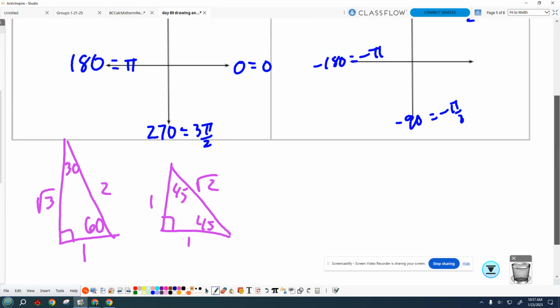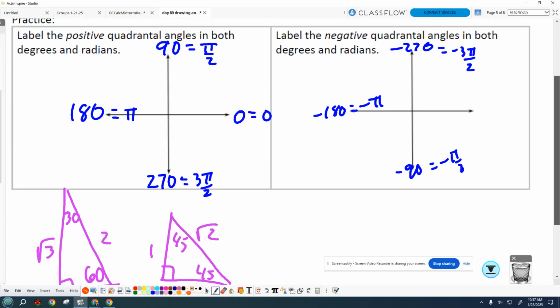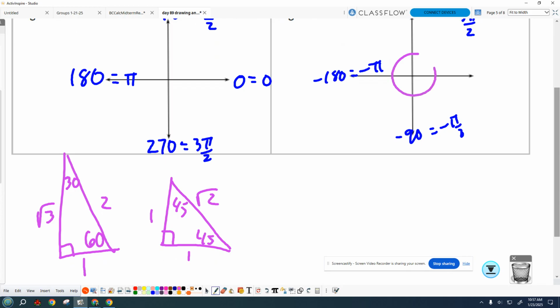Okay, so knowing those two triangles and this, you guys now know the entire unit circle with the idea of reference angles.